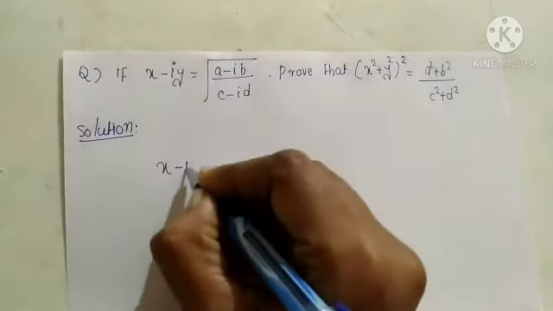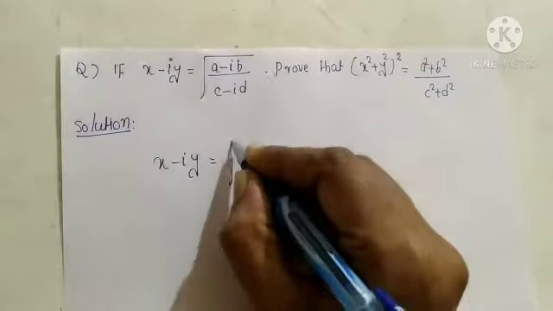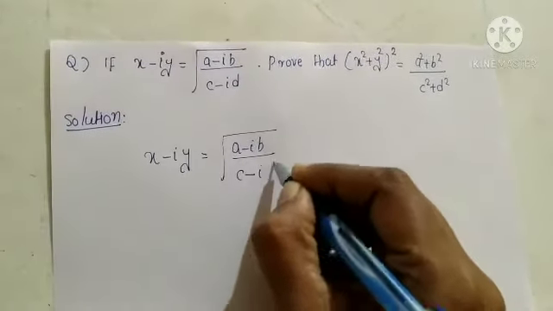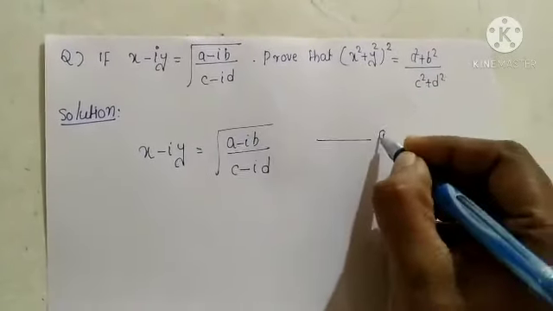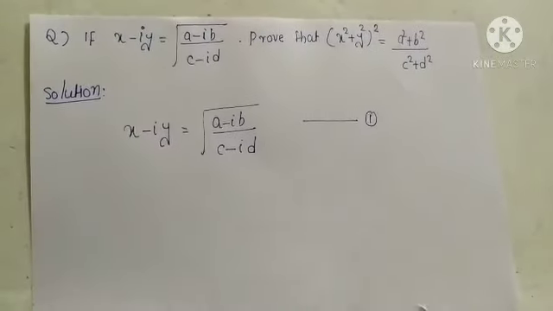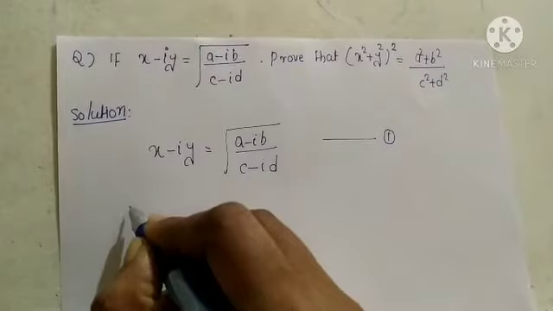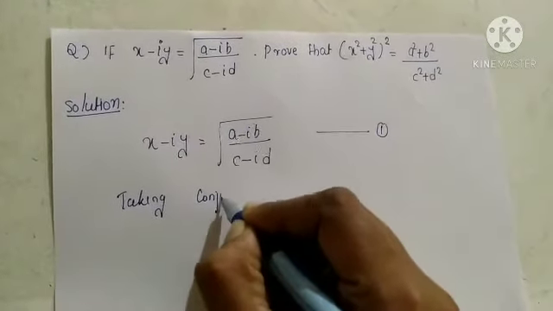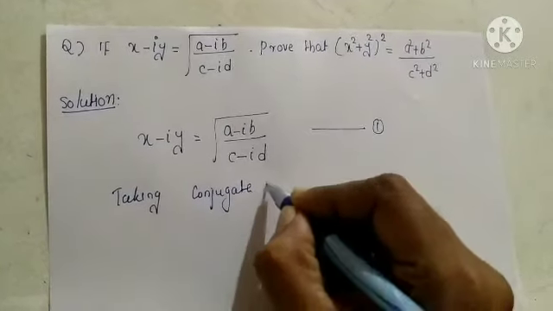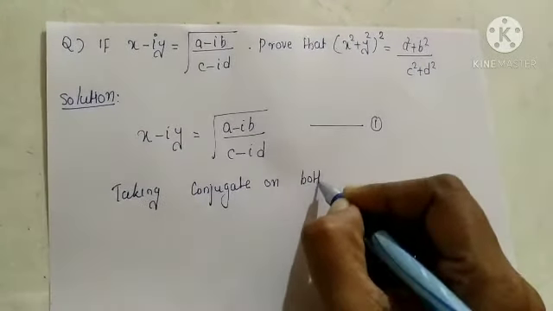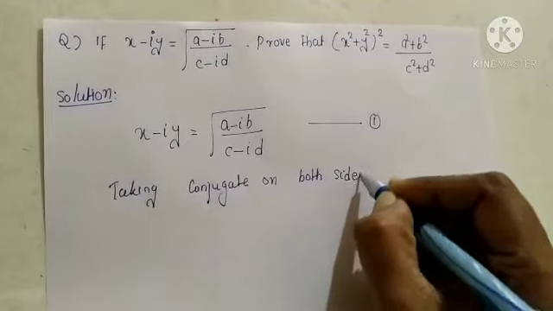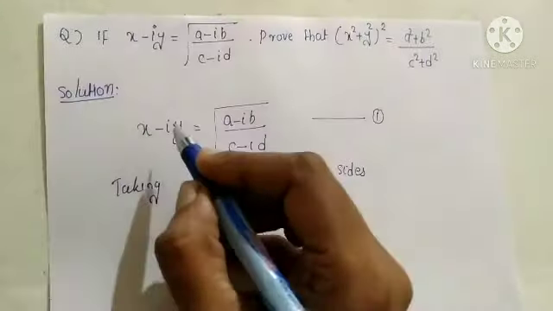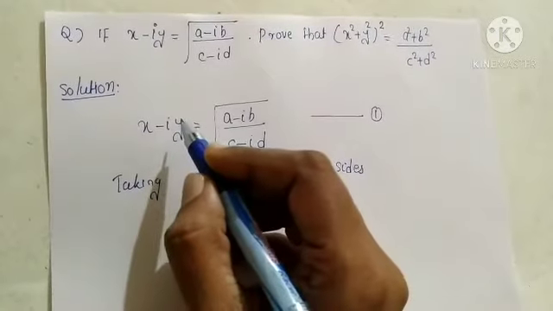Given that x minus iy is equal to root of a minus ib divided by c minus id. So let us name it as equation number 1. So next I am going to take conjugate on both sides. It will become, conjugate means changing the sign of imaginary part.